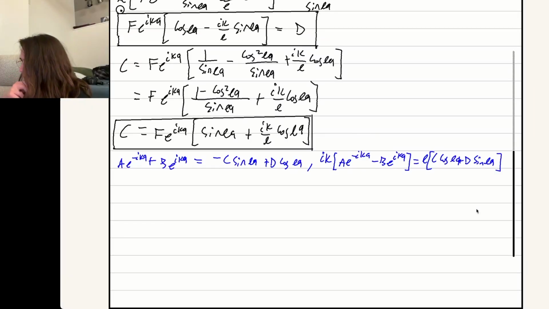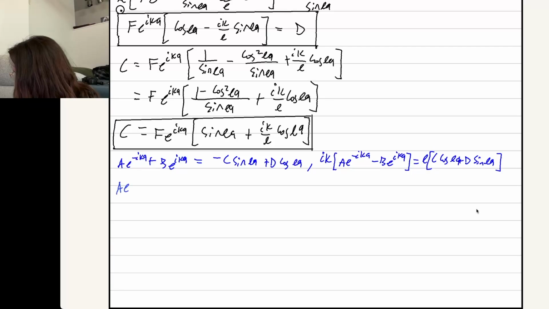We're going to plug our definitions of C and D into the first equation that we have here. So a e to the minus ika plus b e to the ika is looking like minus C times sine La.